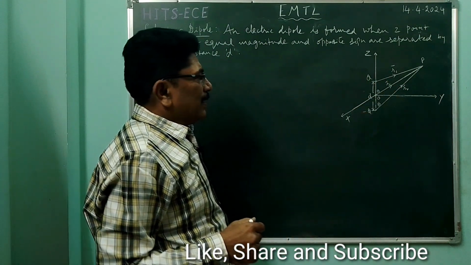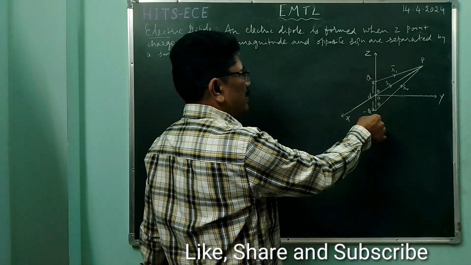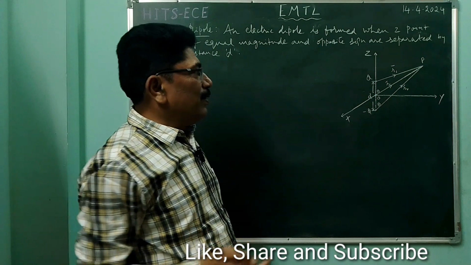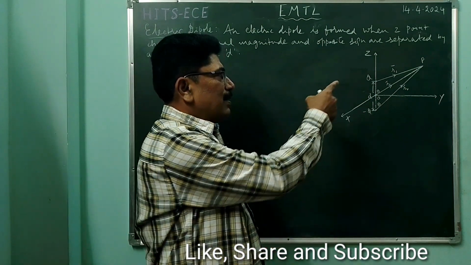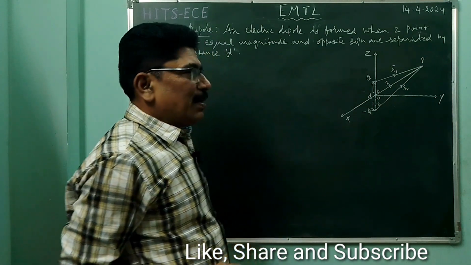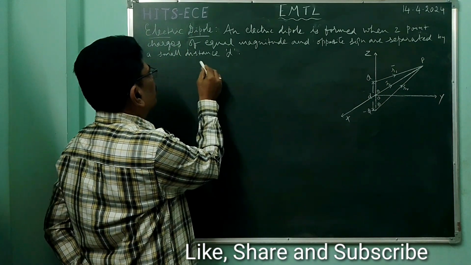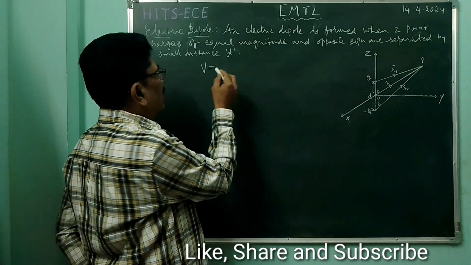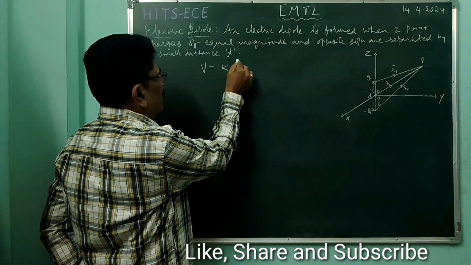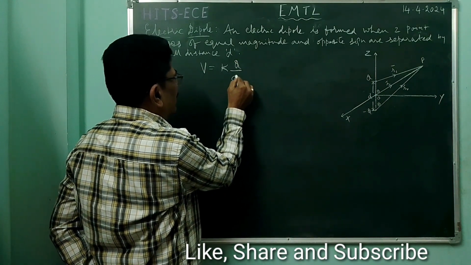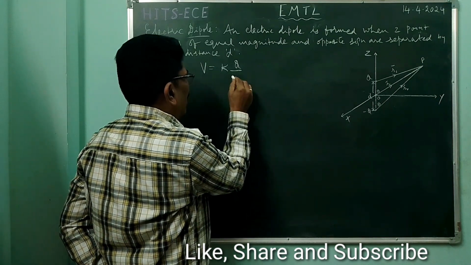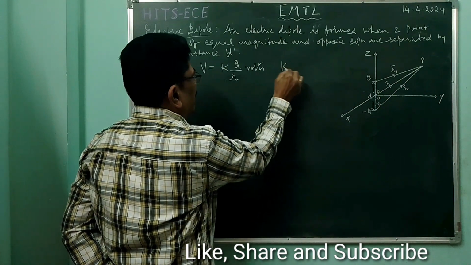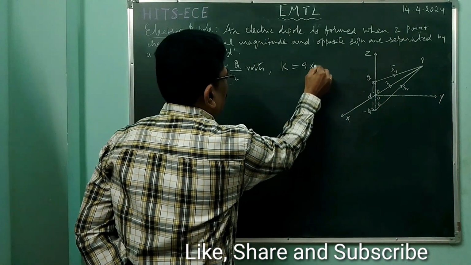We will find out the electric potential due to this +q and -q at this point P, as well as the electric field due to these two charges at that point P. In the last chapter we have covered V, that is electric potential at a given point, is equal to K into Q by R volts, where K is equal to 9 into 10 to the power of 9.